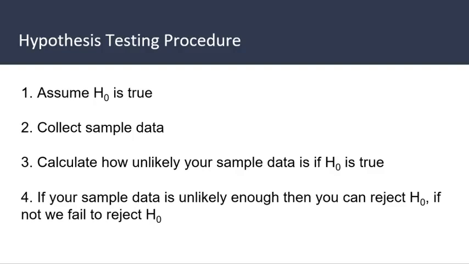And then if that probability is low enough, we reject the null hypothesis. And if it's not super low, we'll say, oh, that just happened to be a bad day. We fail to reject the null. Same thing we talked about with the court: it's either reject or fail to reject. We never say we accept.